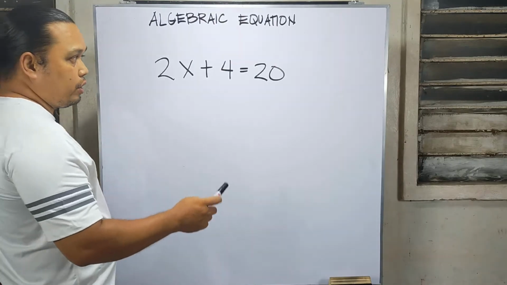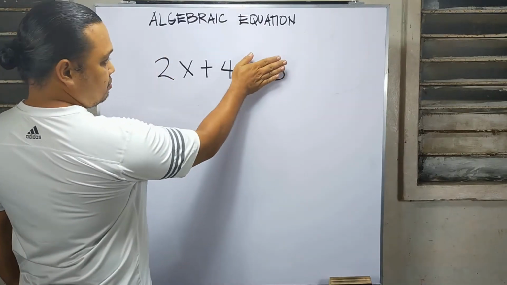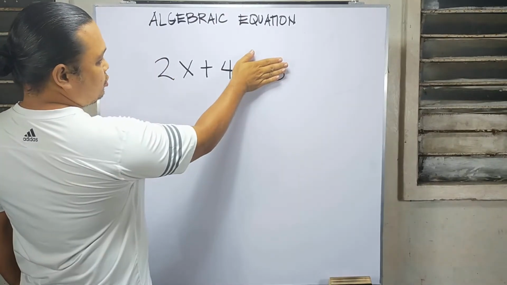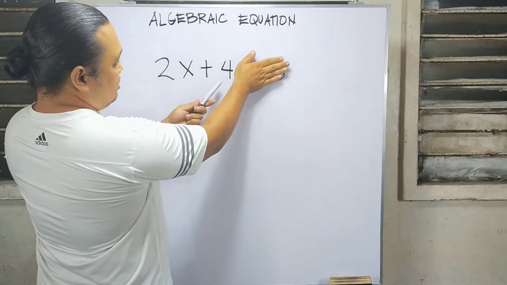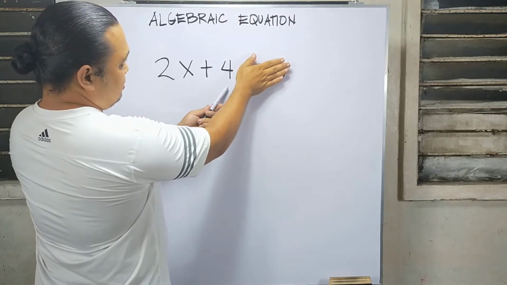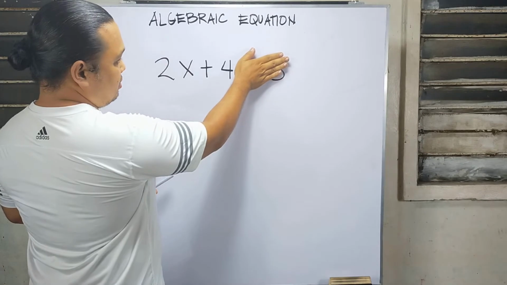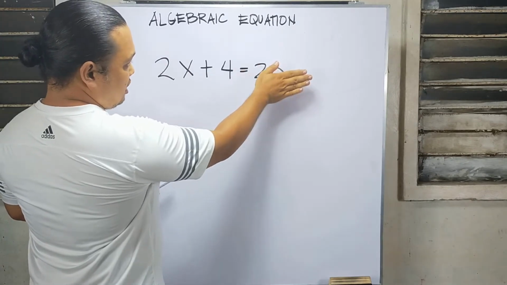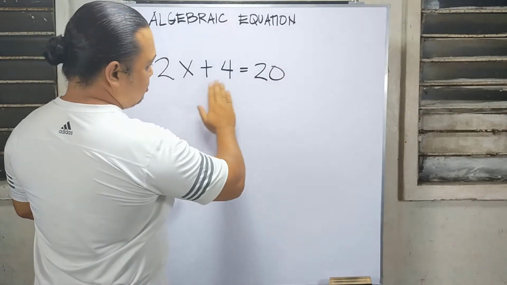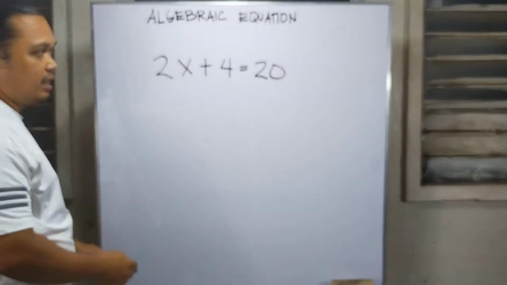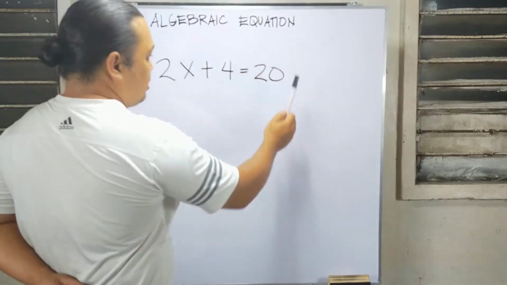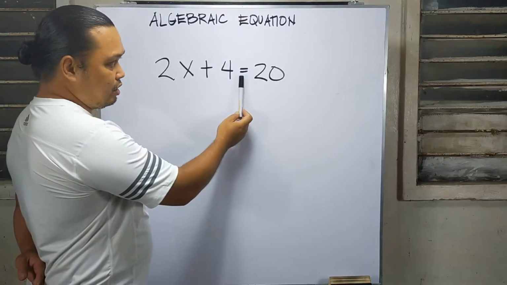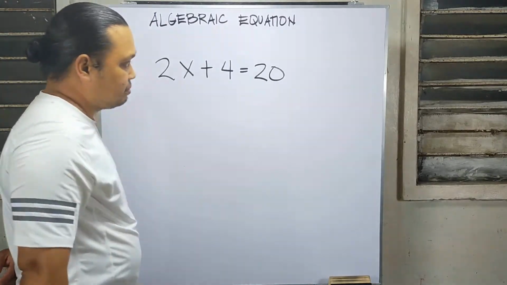Now, 2x plus 4, this is an algebraic expression, right? But if there's an equal sign already, this now will become an algebraic equation. Why? Because there is an equal sign in our equation.